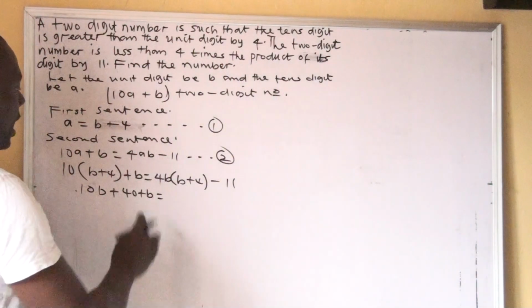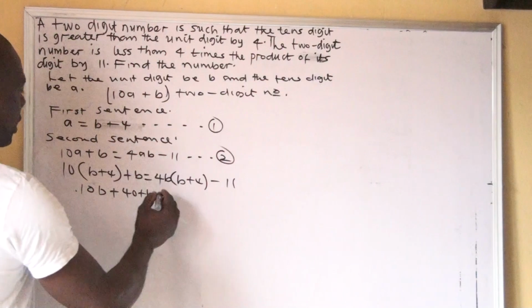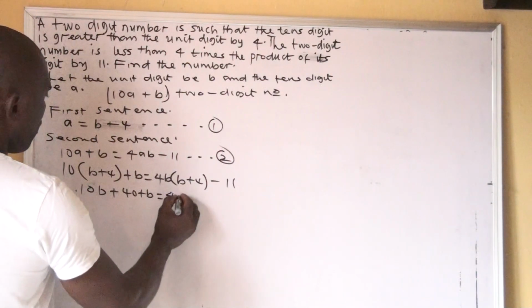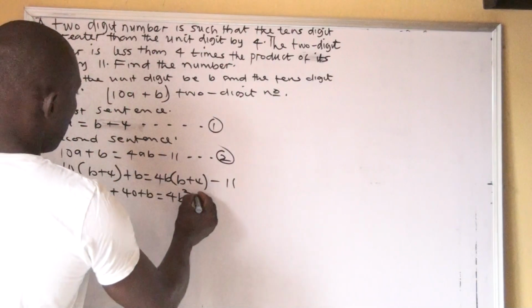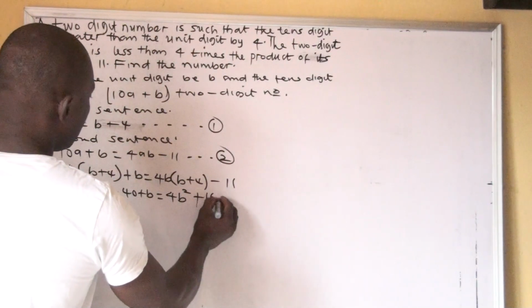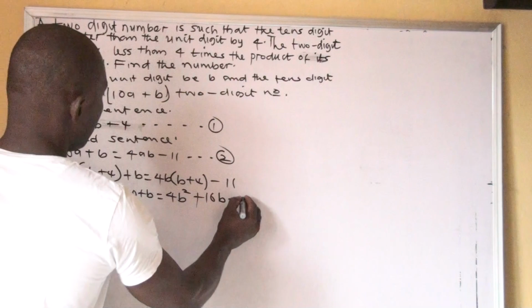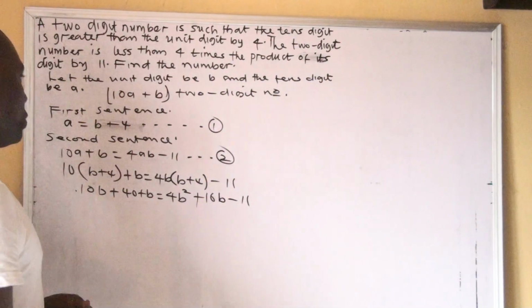Let's move to the right hand side. 4B times B gives us 4B squared, 4B times 4 gives us 16B, minus 11.